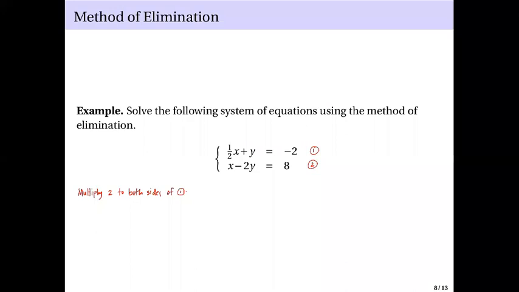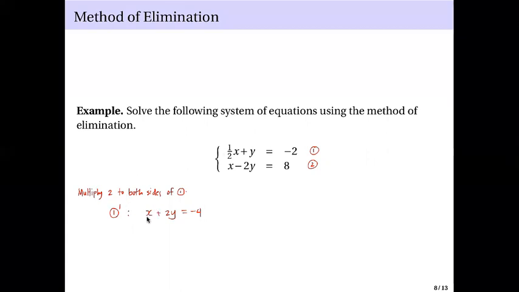Equation 1 becomes, let me write this as equation 1 prime, x plus 2y equals minus 4. Is that good? So why did we choose 2?